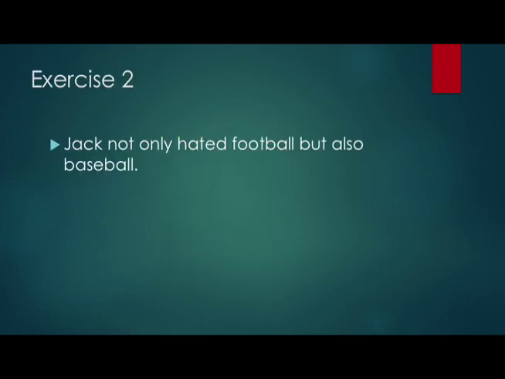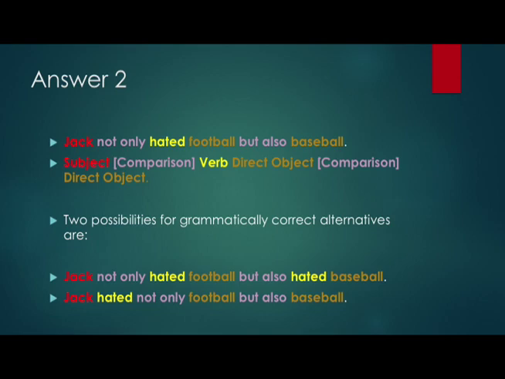Exercise 2. "Jack not only hated football, but also baseball." All right, let's look at the structure of this sentence. So Jack is the subject, and then we're setting up this comparison with not only, but also. So whatever follows each of these terms, not only, but also, has to be parallel to what follows the other one.